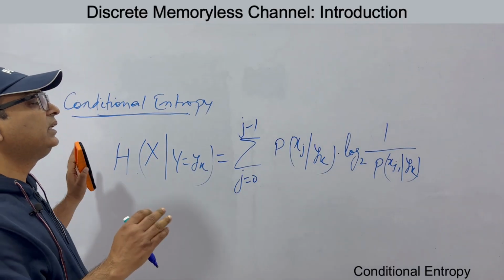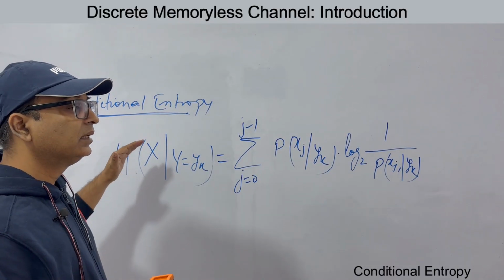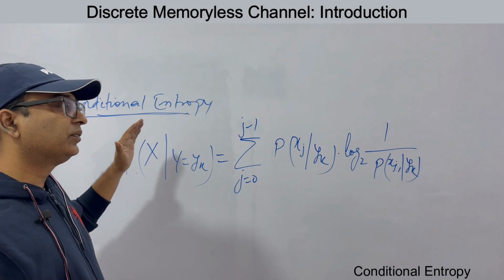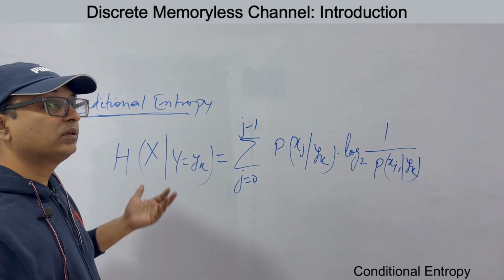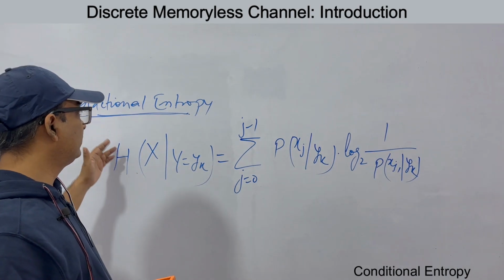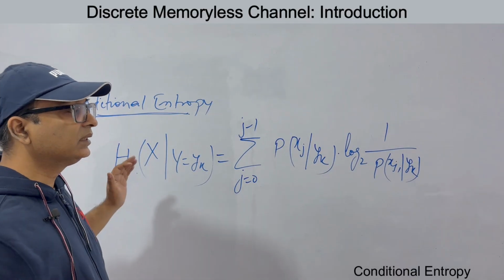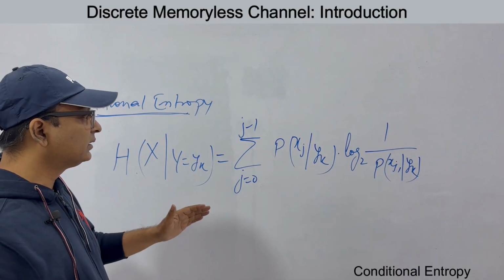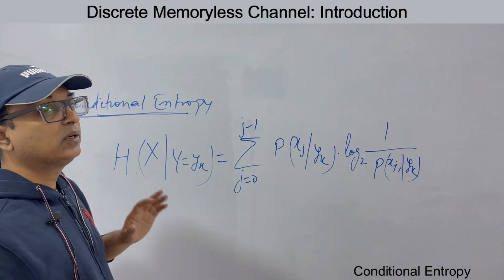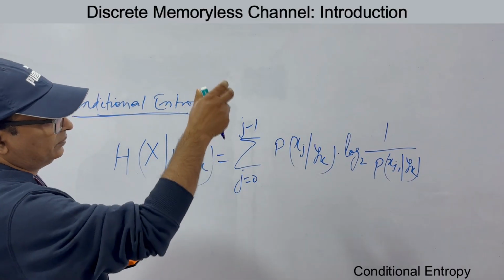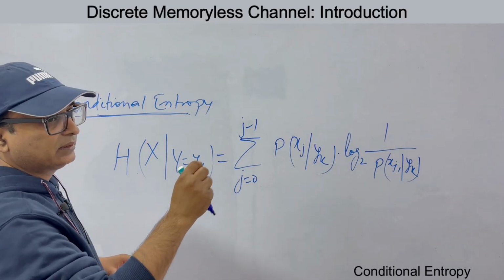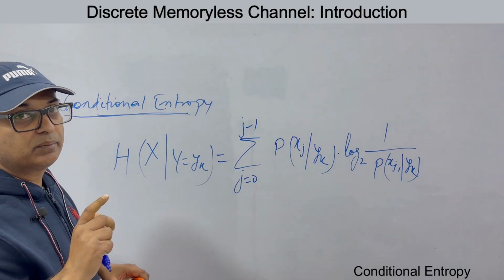And what is the meaning of it? It means the average amount of uncertainty. Here we are not talking of information. When we talk of conditional entropy, we mean the average amount of uncertainty that remains when the output has been observed. We see the output y0, y1 up to yk minus 1.